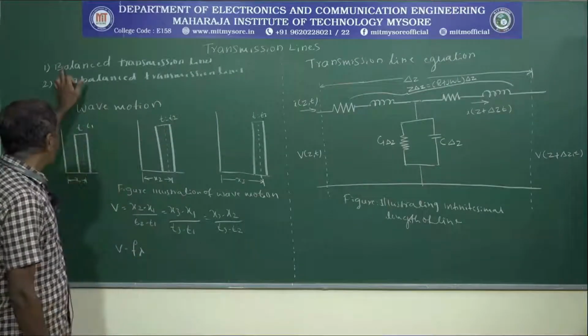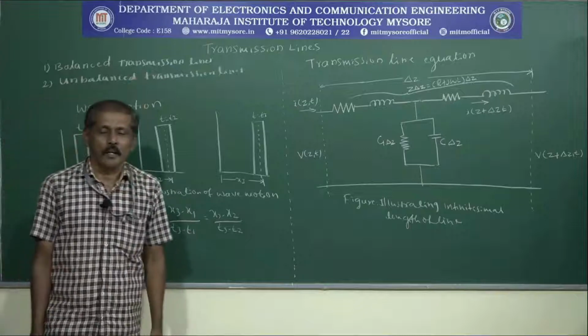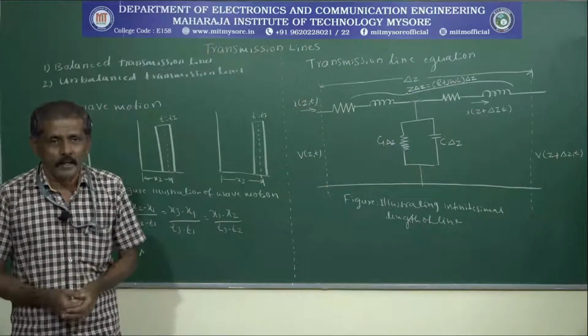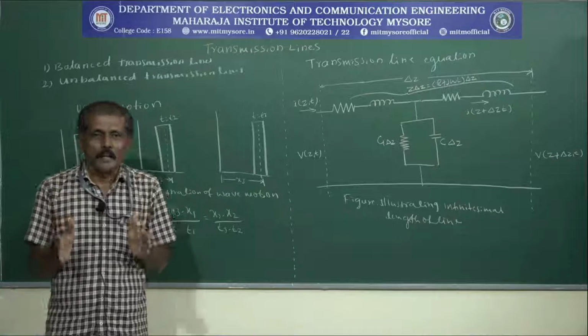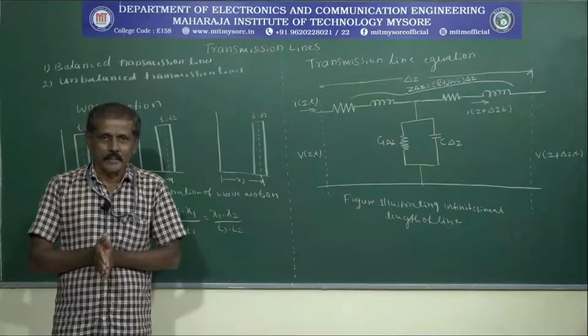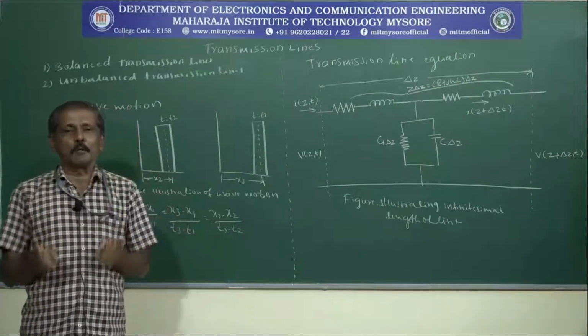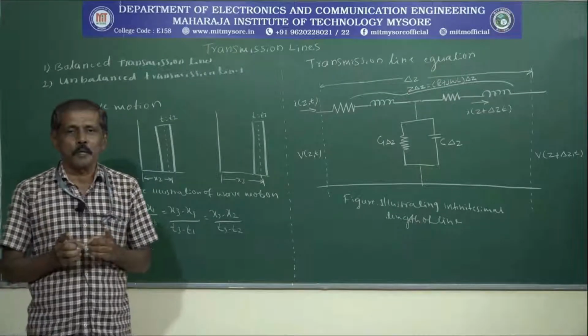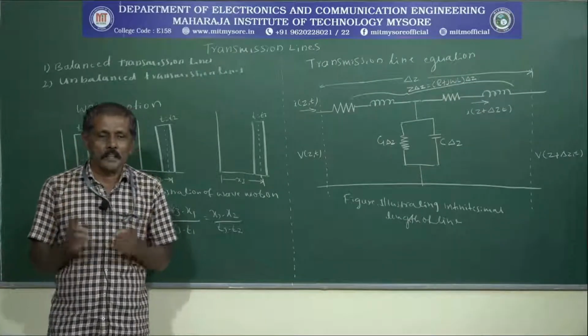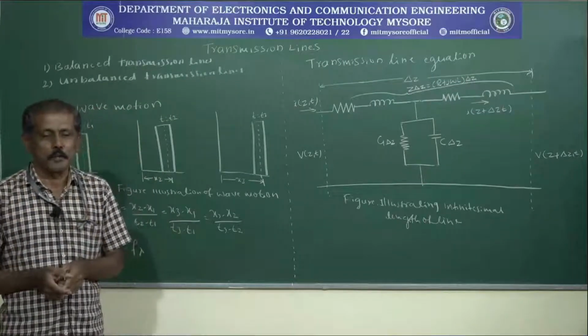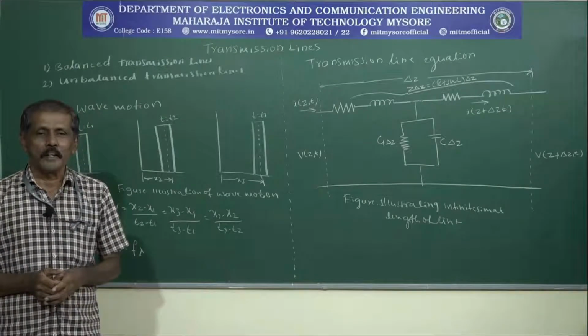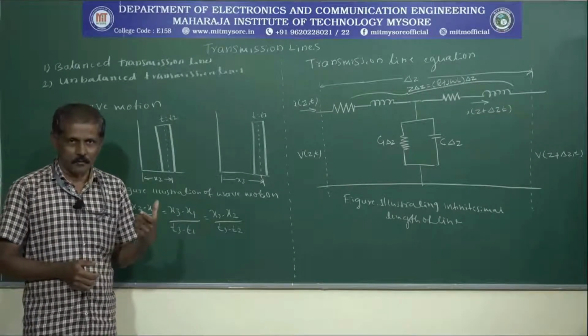Balanced transmission lines have two wires that are parallel to each other, and an equal amount of current flows through them, but the voltages and currents passing through these lines are out of phase with respect to each other.